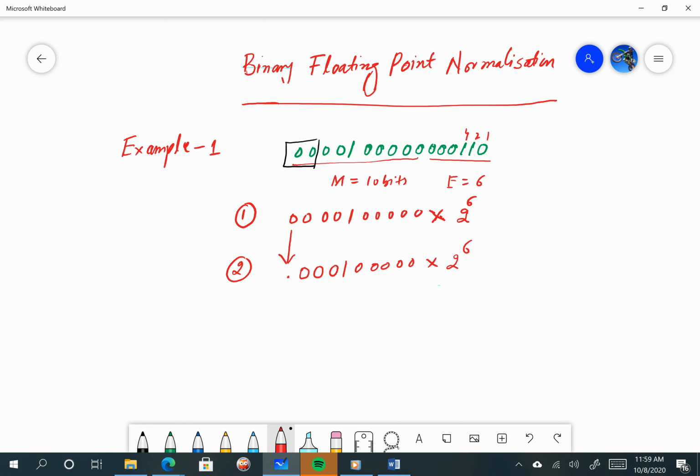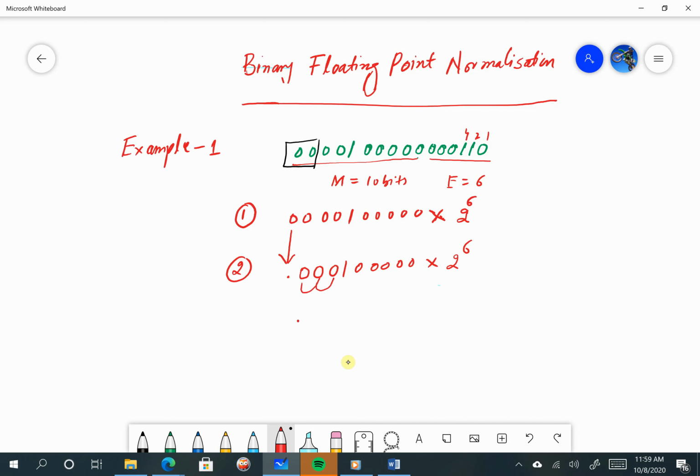Now to normalize, the decimal point should be moved in front of the first non-zero. इसको first non zero में convert करने के लिए I will move this how many places? This is 1 2 3 places.